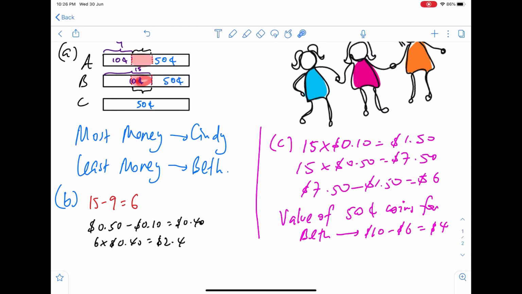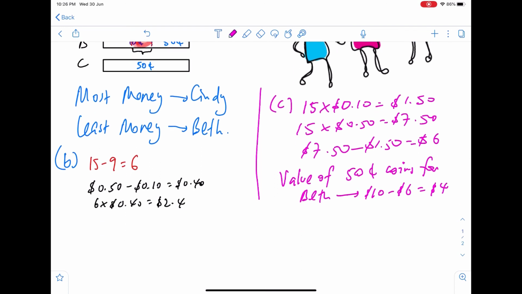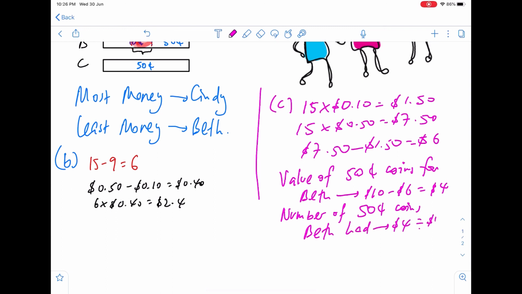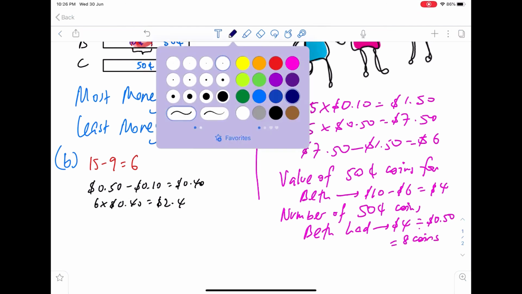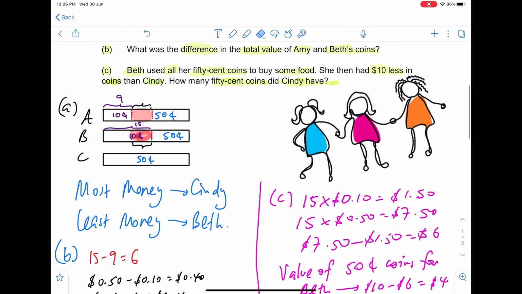So basically the number of 50-cent coins that Beth had will just be this $4, which was spent on food, divided by 50 cents. That will be 8 coins. So how many 50-cent coins did Cindy have?